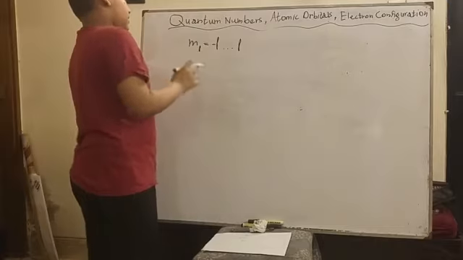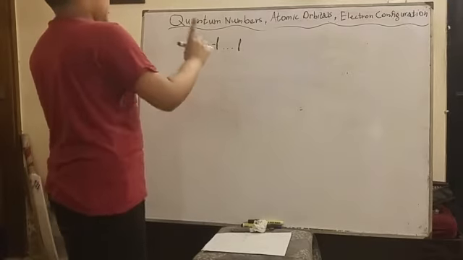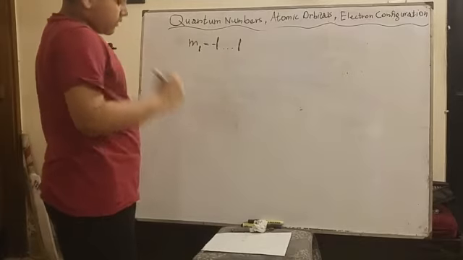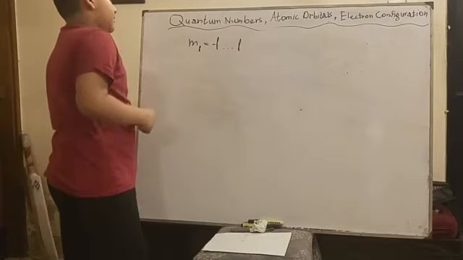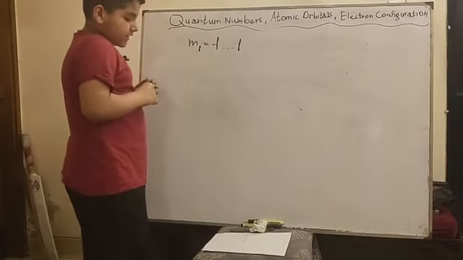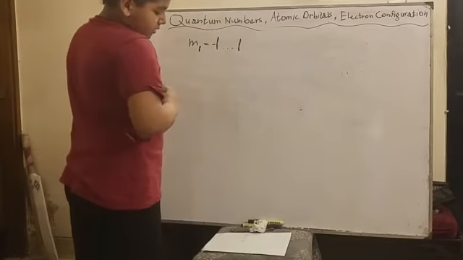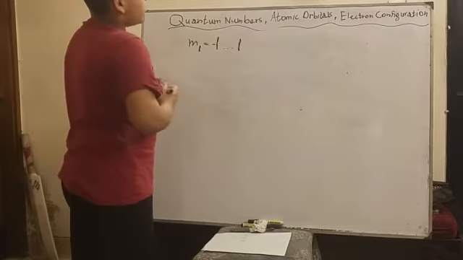If L equals 0, then m sub L equals 0, which is why there's only one s orbital, one type. And when L equals 1, then m sub L would be negative 1, 0, and 1.